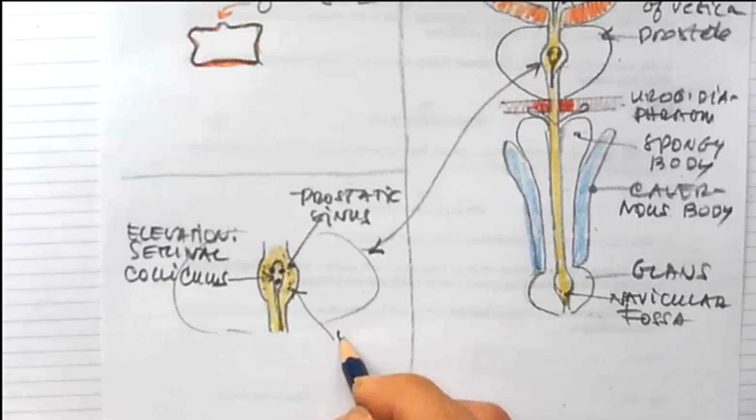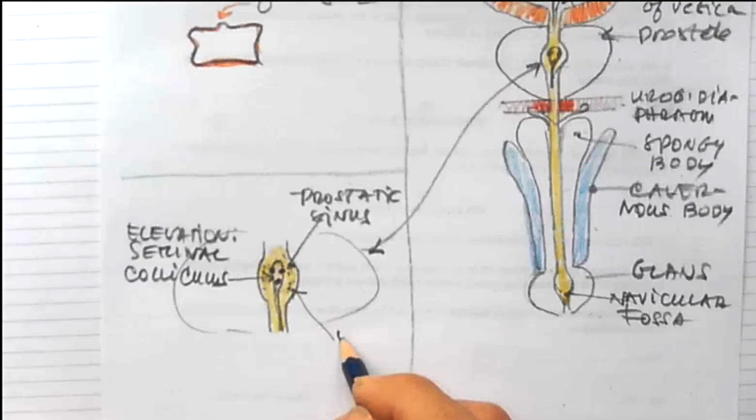Openings of ejaculatory ducts, right? And 1 unpaired opening is called the prostatic utriculus.